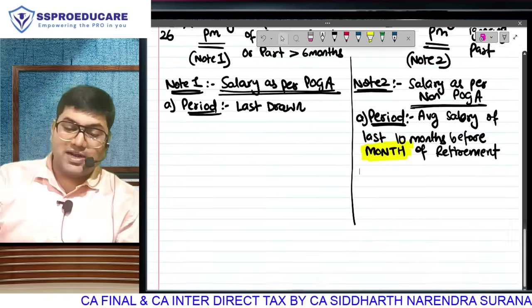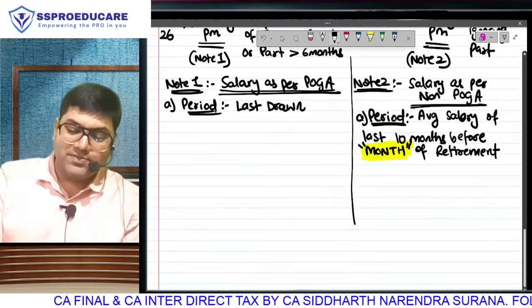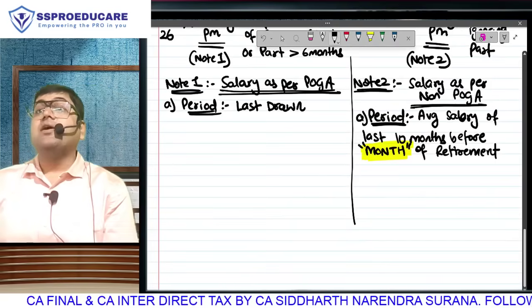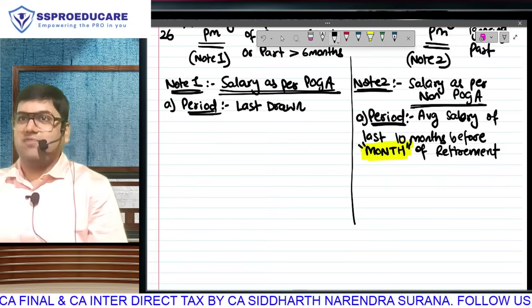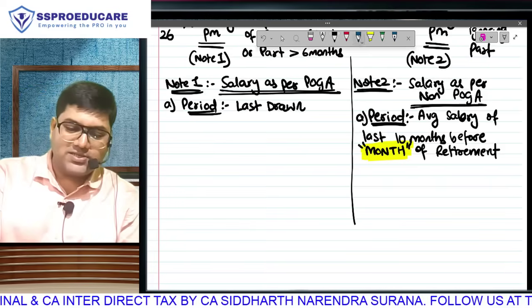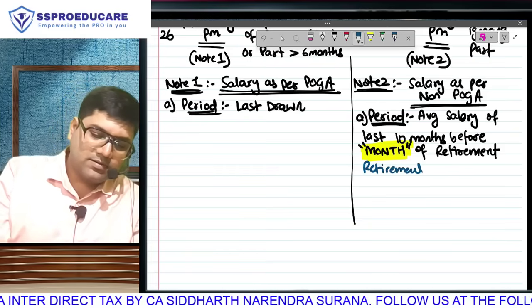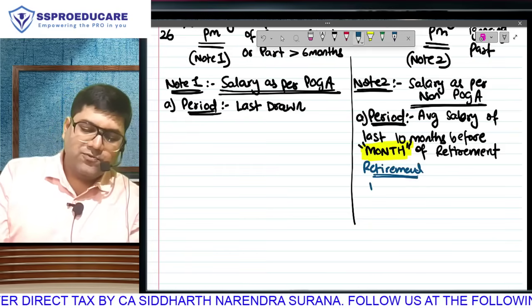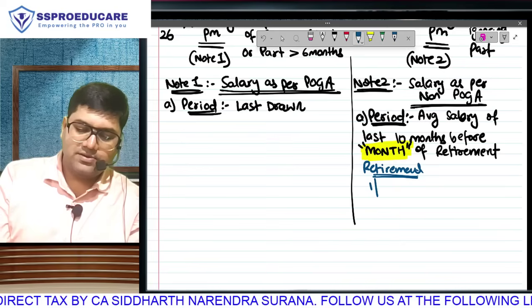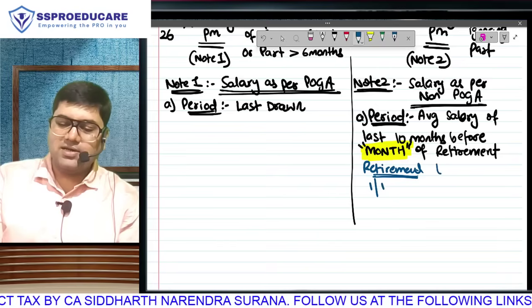And also understand the meaning of last 10 months before the month of retirement. The month in which you are retiring will not be considered. Suppose the retirement date is 1st of January. So what are the last 10 months?